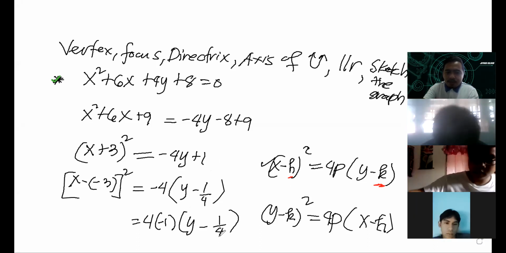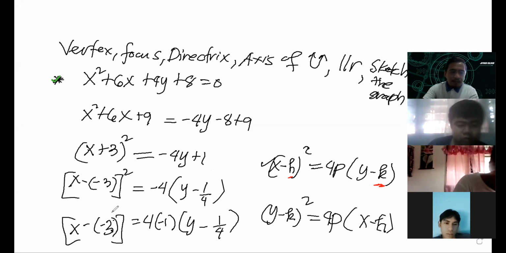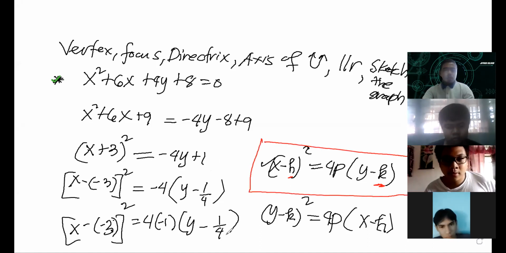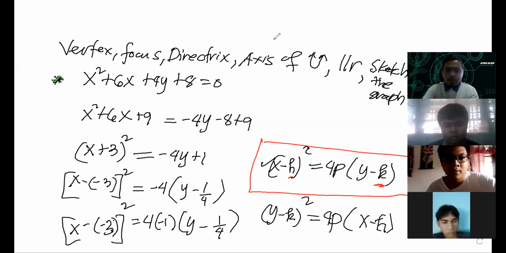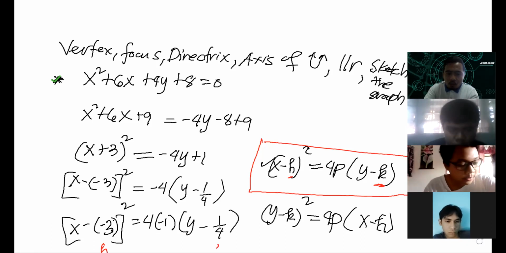Yes, sir. So in that case, you already rewrite it. You rewrite that one exactly in the same form of what we are looking for, this form, right? So in that case, we can now say that our h is -3. Our k is +1/4.